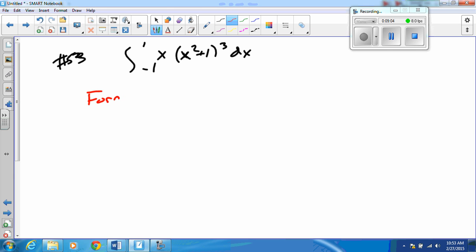Now I could do this with repair. I'm not going to do that because I don't want to spoil the surprise. I'm going to skip straight to the formal substitution.